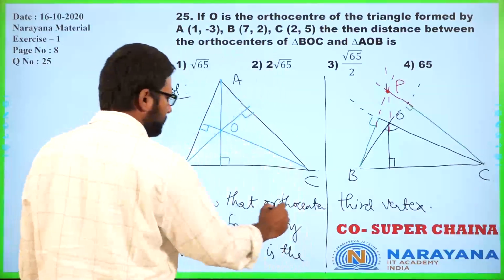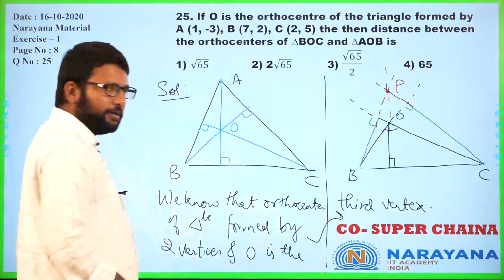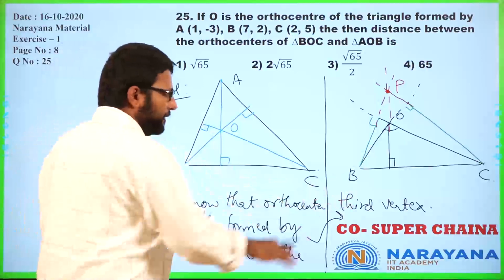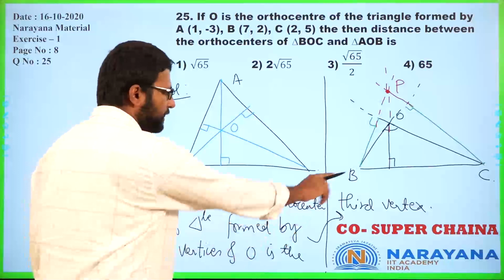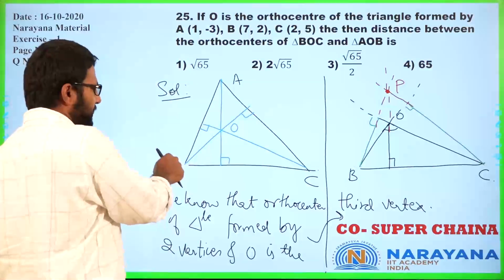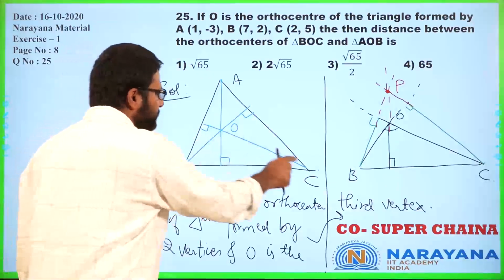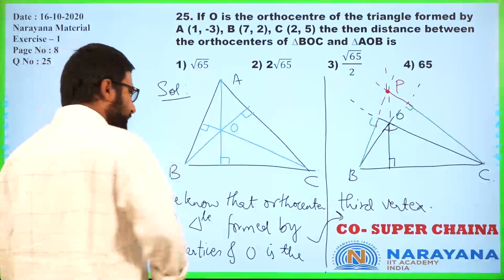This is a continuous statement. Don't break this statement, just because of how I have drawn it. So this is a continuous statement. We know that the orthocenter is the third vertex. So in this case, if I want to find orthocenter of BOC, it must be vertex A, correct?